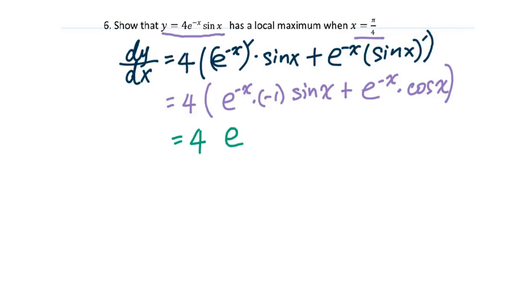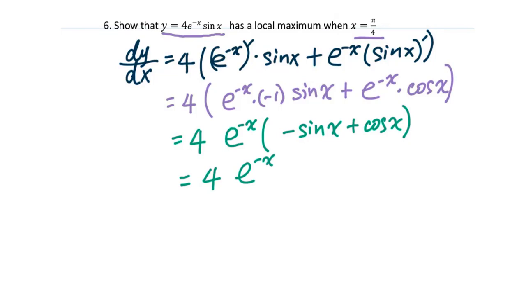We take e to the negative x power outside. You will get the negative sine x plus cosine x. We organize 4 times e to the negative x power, then we do the cosine x minus sine x.